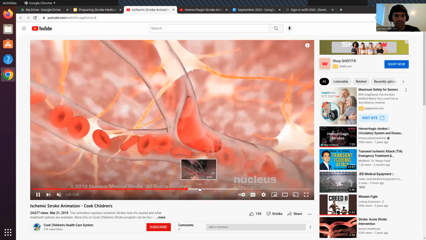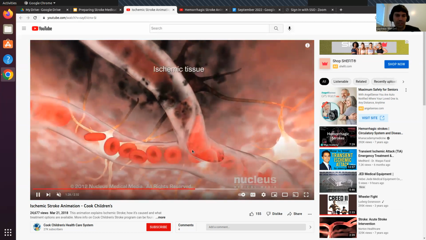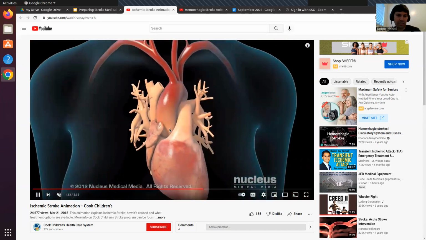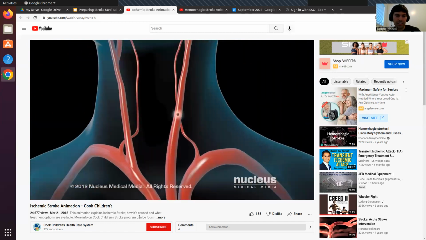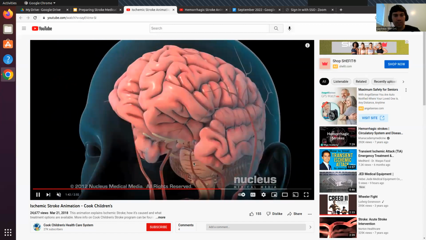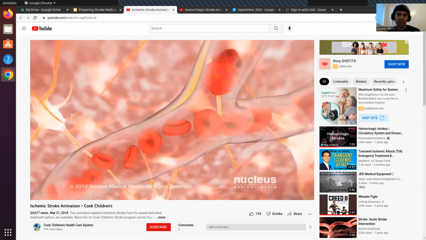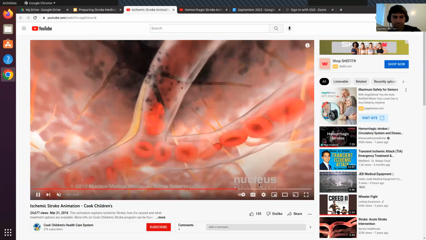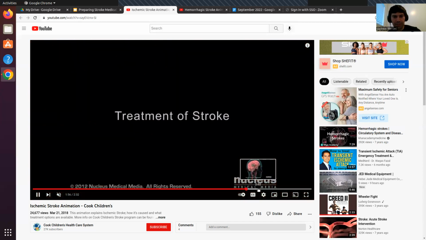This is known as thrombus, thrombosis, or thrombotic stroke, where the blood clot forms directly in the blood vessel of the brain. The particular depiction they're showing here is an embolism, where some external blood clot travels up to the brain's blood vessel and gets stuck, forming a blood clot in the brain blood vessel.